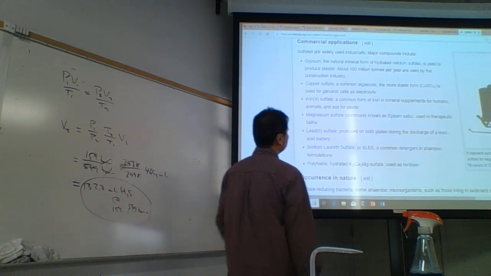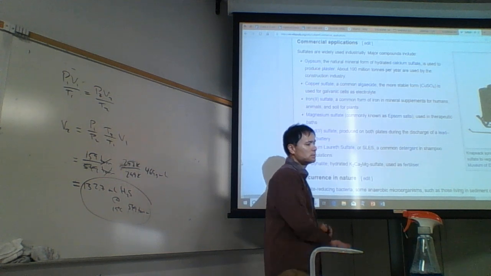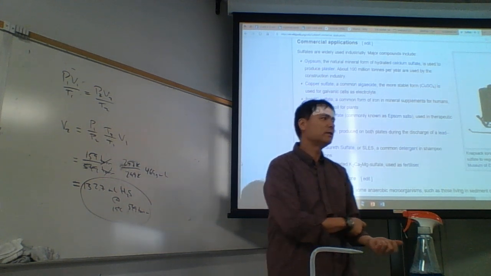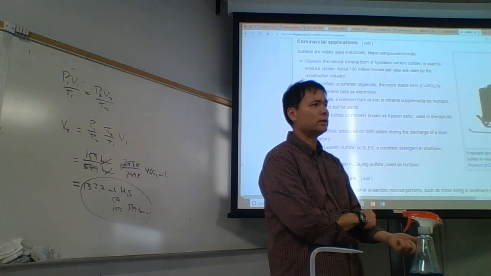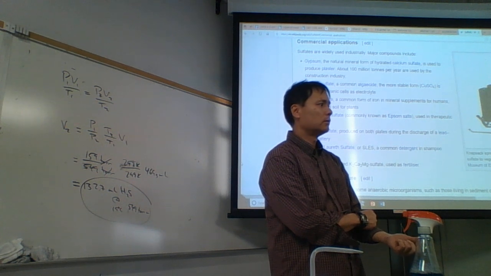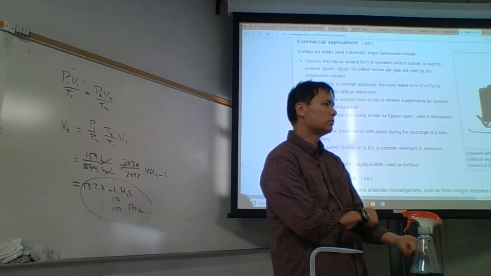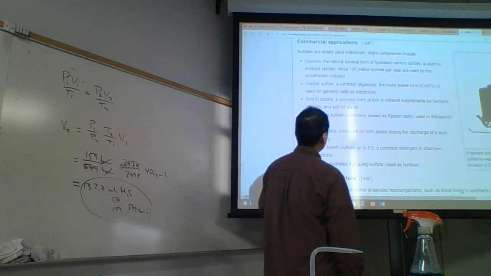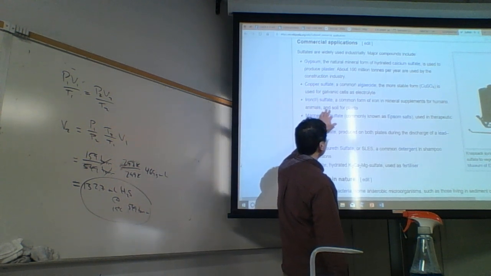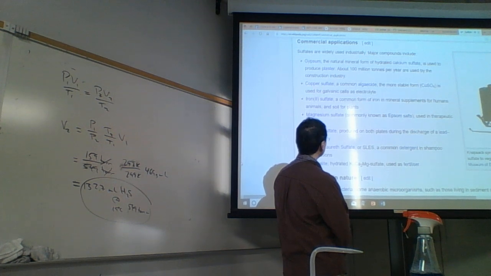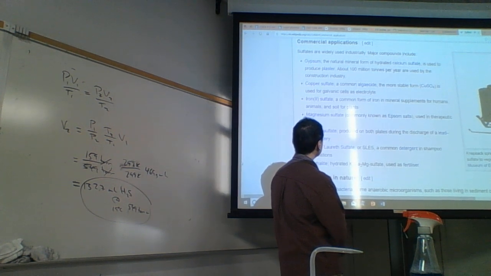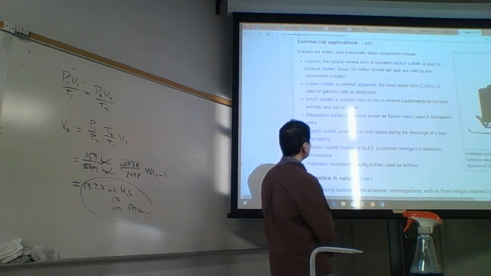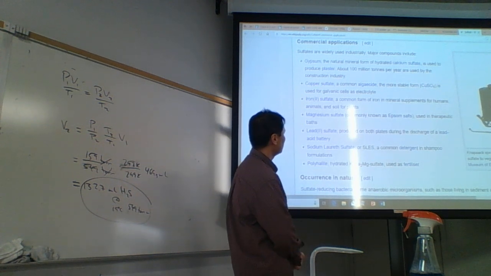But people use it for supplements because the iron in hemoglobin, is it iron 2 or iron 3 in hemoglobin? Iron 2. So the iron in your blood is iron 2. Iron 2 sulfate is a common form of iron in mineral supplements for humans, animals, and soils and plants. But it's easily oxidized. Iron 2 gets oxidized to iron 3.